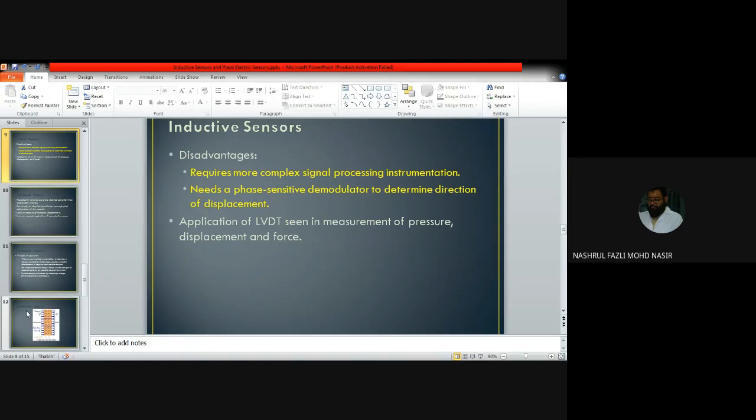You have extra things to add on, for instance to process the signals. This is why it becomes more expensive, and it needs a phase sensitive demodulator to determine the direction of displacement.